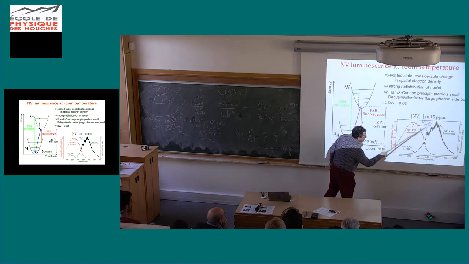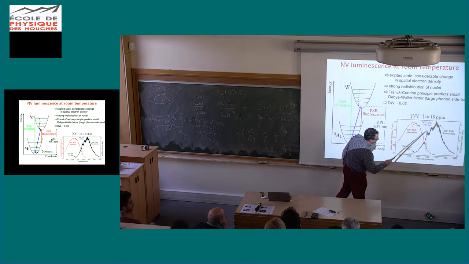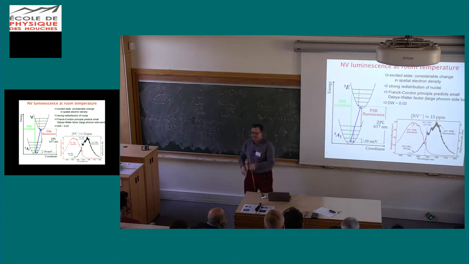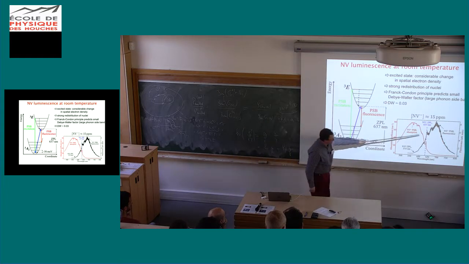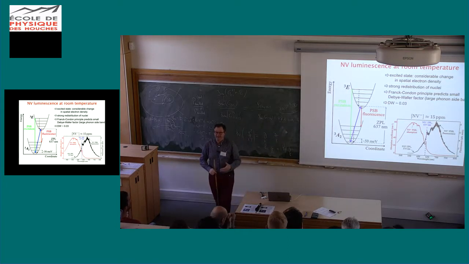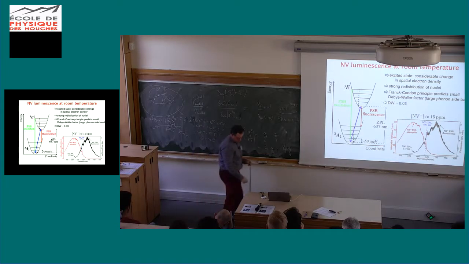And on the other side, we have here the bright luminescence, but very broad, because the luminescence can go onto all these levels. And then the two spectra, absorption and luminescence, overlap at the zero phonon line, which is specific to these negatively charged centers. So this is just how we can describe this very general emission and absorption spectrum.